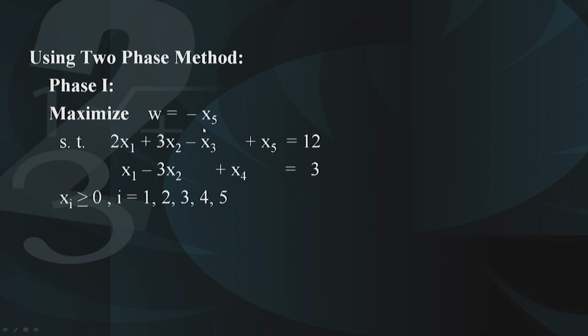The constraints are as before, only the original objective function has been set aside for the moment and replaced by a temporary objective function, that is maximization of minus x5.